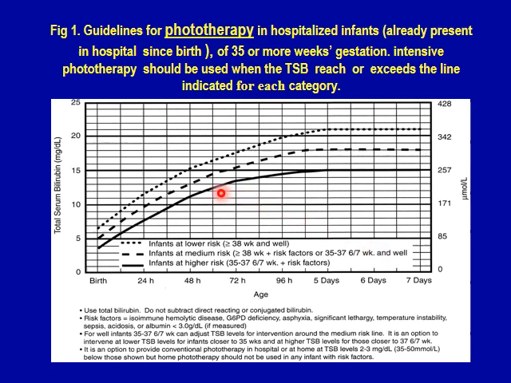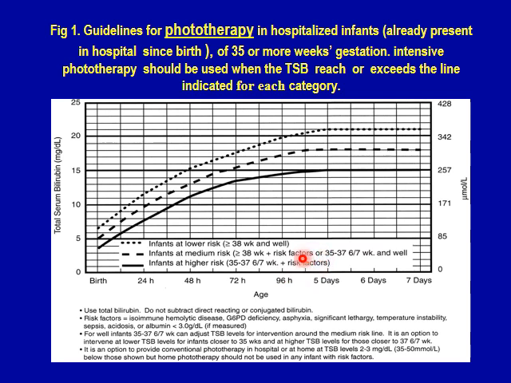And third line, infant at higher risk, in which the gestational age is 35 to 37 weeks of gestation with a risk factor.